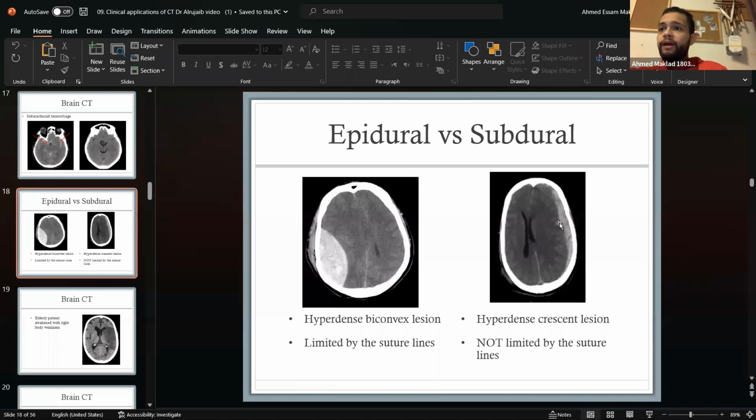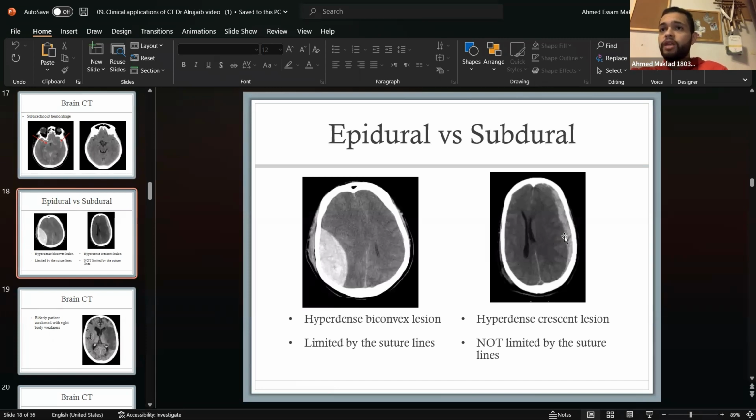How is the prognosis? Epidural is way worse, but you need to keep in mind that brain herniation and midline shift are more common with subdural hematomas. In subdural hematomas, you can have acute and chronic.